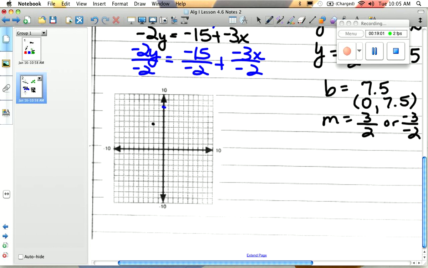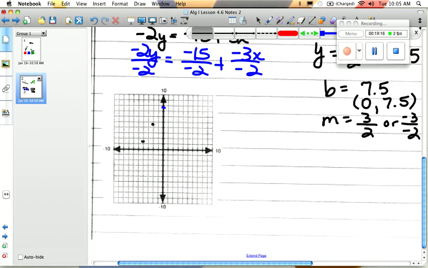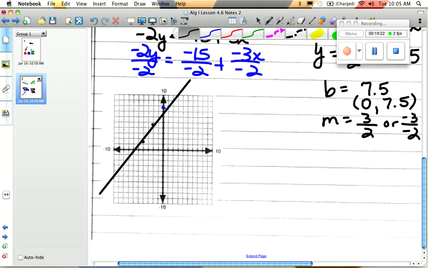You'll go down 3 and over 2, and now you'll be at ordered pair negative 4, 1.5. And you will draw your line going through the points, and ask yourself, do I have good behavior for my line?